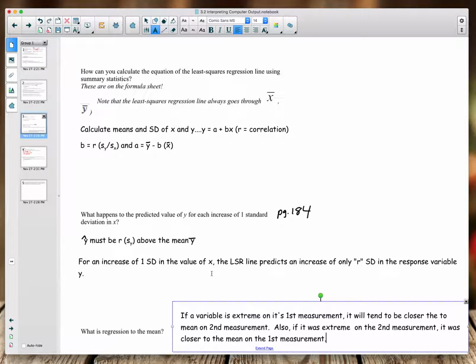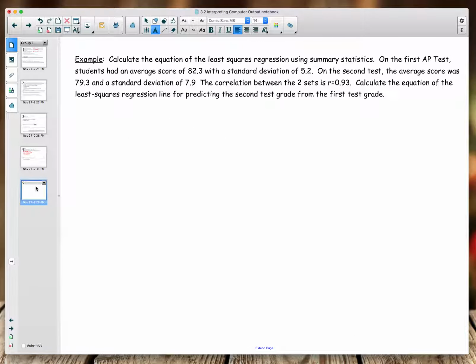Okay, and I actually have one more example I want us to look at together. So this is not on your notes, but if you want to jot this down, you can just summarize it if you want to, so pause the video if you need to, and get this down.